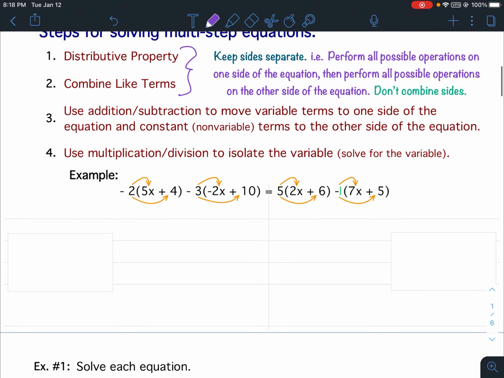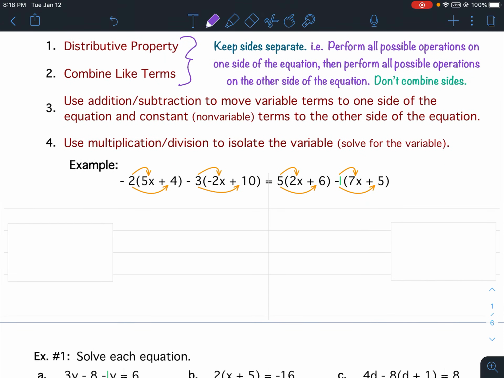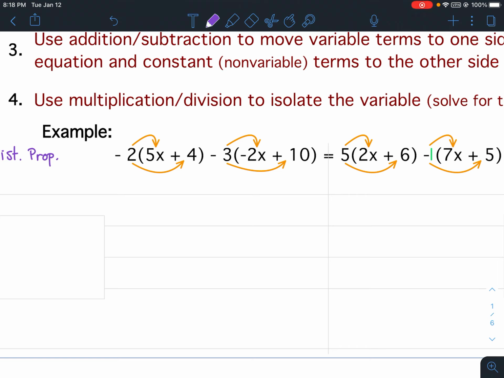So let's use these steps on this example here. The first thing I want to do is the distributive property. That's what those arrows are for. Negative 2 times 5x would give me negative 10x. Negative 2 times 4 would be negative 8. Negative 3 times negative 2 would give me positive 6x. Negative 3 times 10 would be negative 30.